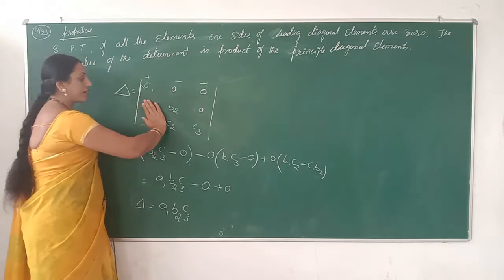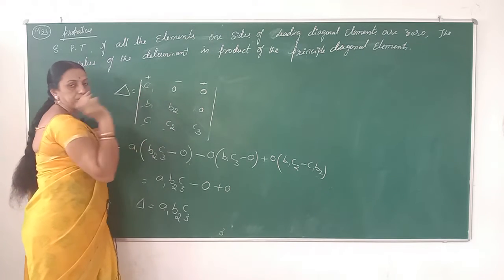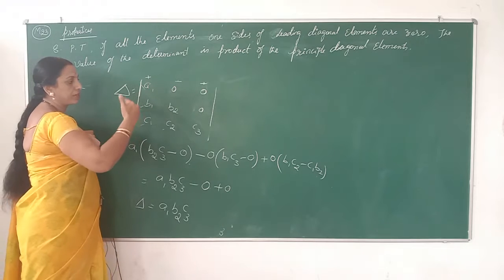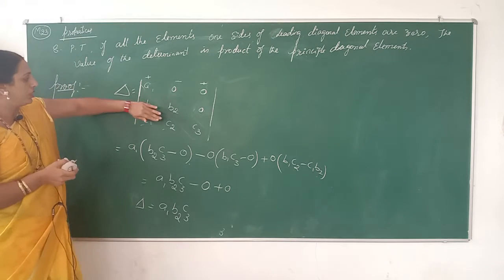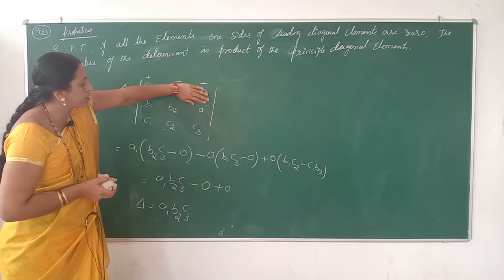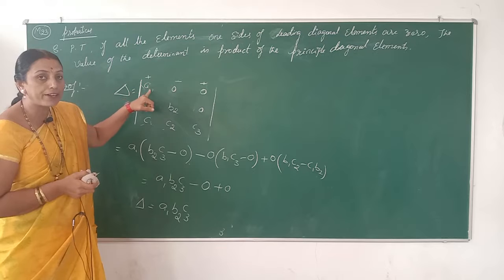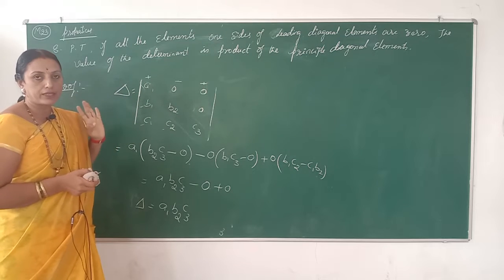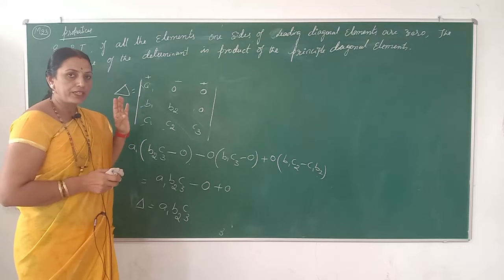Suppose both sides of the diagonals are 0, that also becomes the same. So if both sides of the diagonals are 0, then the value of the determinant is the product of the principal diagonal elements. So these are some basic properties of determinants.